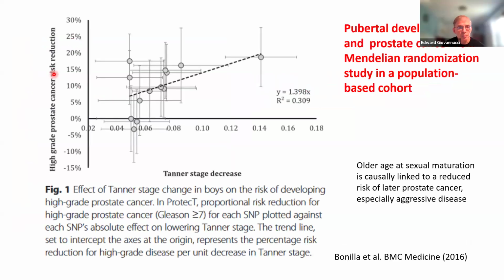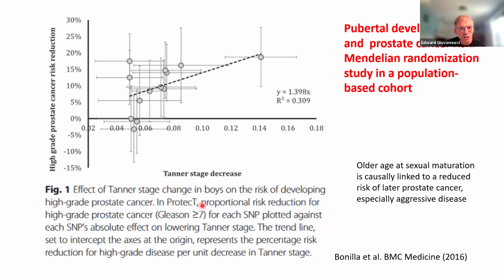Now, what's interesting is that for breast cancer, early age of menarche is a clear risk factor shown many times over. In prostate cancer, we always suspected that early age of puberty would be a risk factor for similar reasons. But you don't have a clear marker for onset of puberty on a population level in boys as easy as age at menarche.